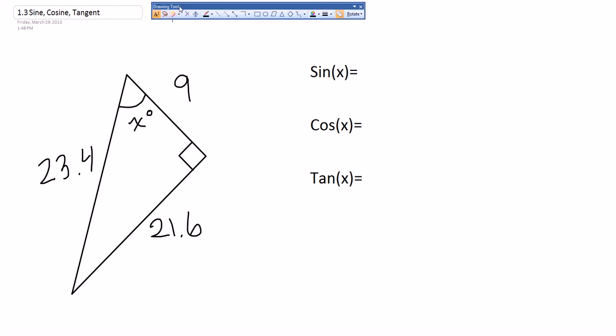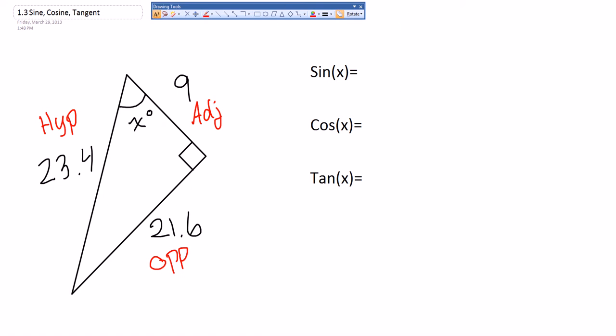So let's take a look at what we're going to get here. The very first step, as always, is to identify our three sides: hypotenuse, opposite, and adjacent. We can also put in our mnemonic to help us remember.